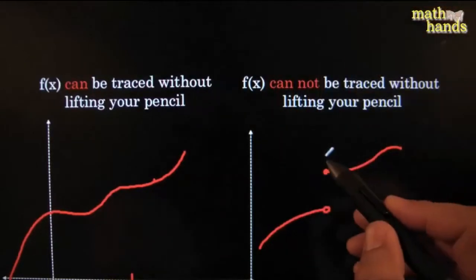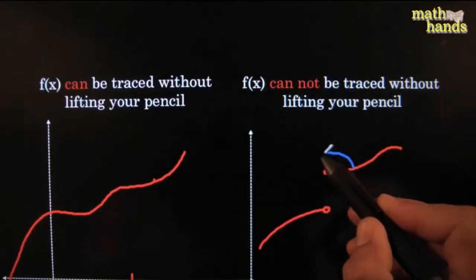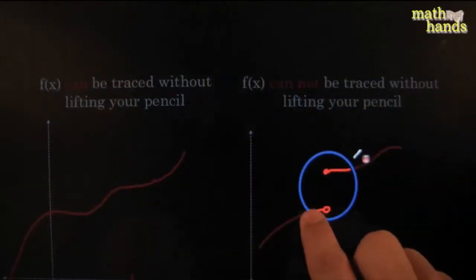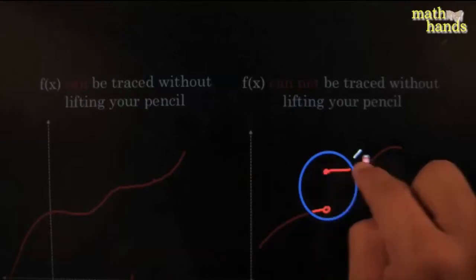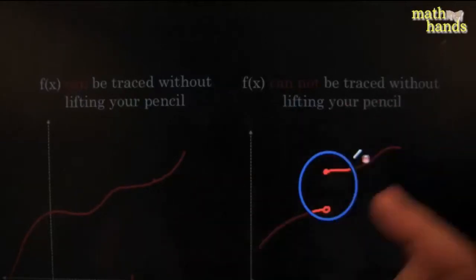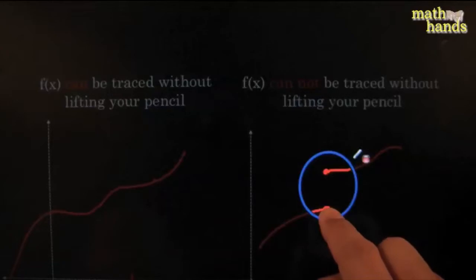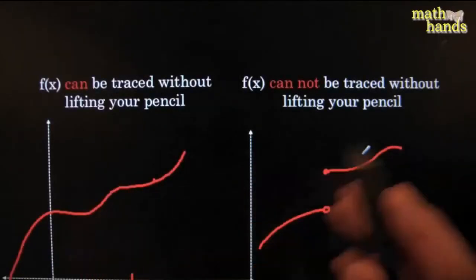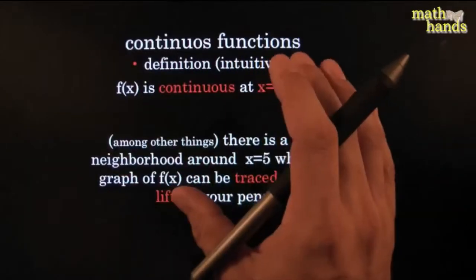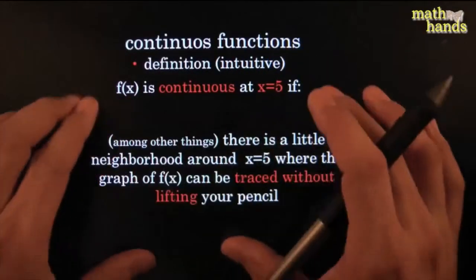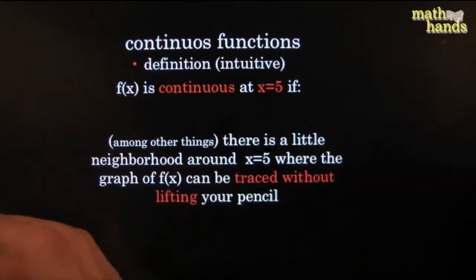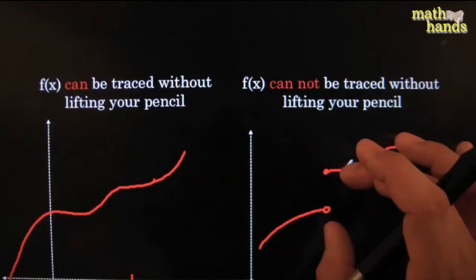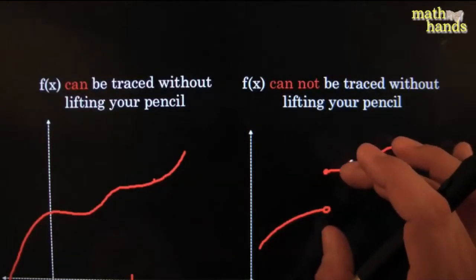Suppose you had some other function and it went something like this. It goes like this, and then it has an empty spot there at 5, and then the function picks up a couple units above it, and then it keeps going as if nothing happened. Now here, no matter how hard you try to trace it without lifting your pencil, no matter how small of a neighborhood you pick, you're going to go like this, and then you have to lift it and then pick up over here and finish the trace.